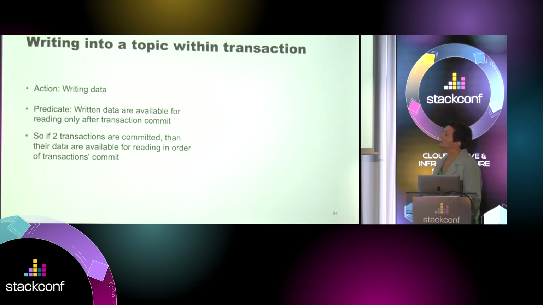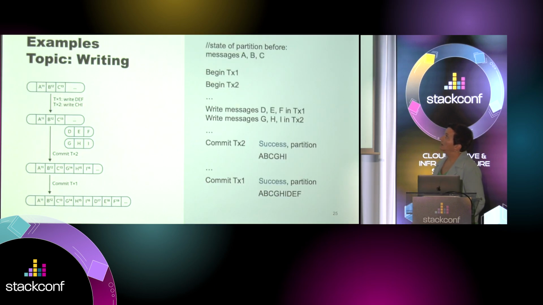During writing in a transaction, I think it's much easier: written data is available for reading only after the transaction commit. So if we have some partition with messages ABC, and we begin two transactions, TX1 and TX2.